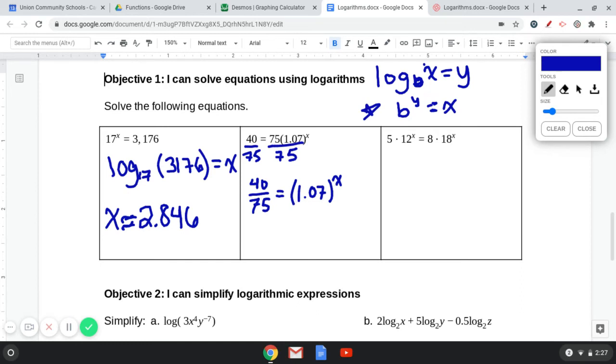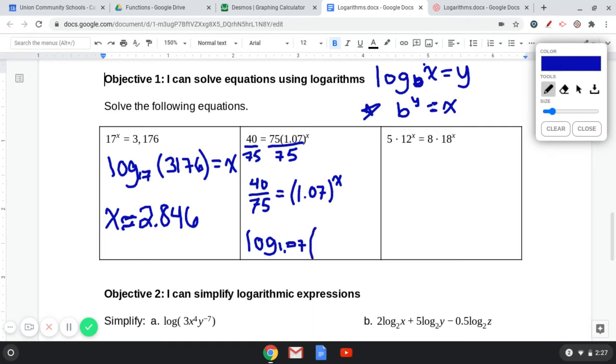So now our base, the something to the something power, is 1.07. So this will turn out to be log base 1.07. Keep in mind this is the base. Hopefully you can write this more clearly in your notes.